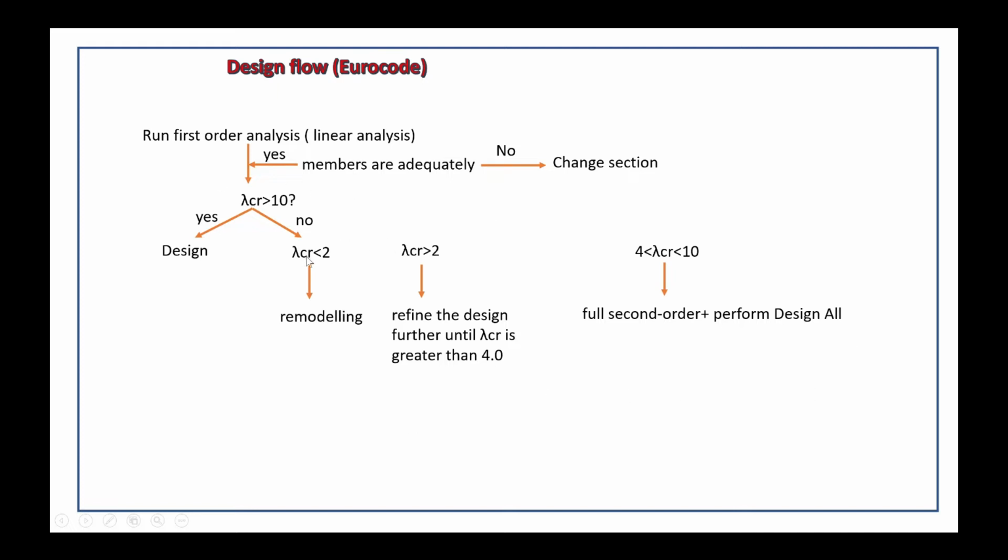Is it in the range lower than 2, or greater than 2, or in the range 4 to 10? If the value is in the range below 2, you must remodel the structure. If in this range, sometimes you can limit it to 3 to 10. You can do full second order analysis and design.